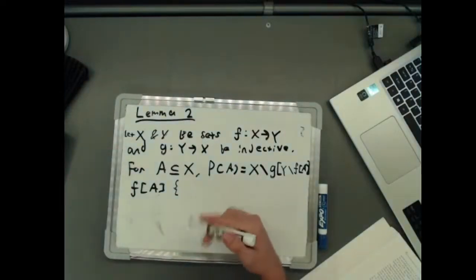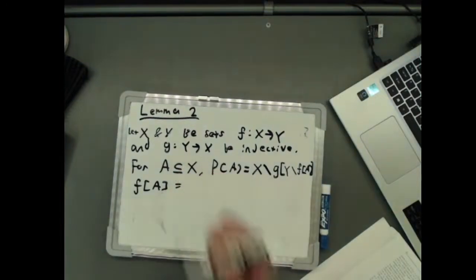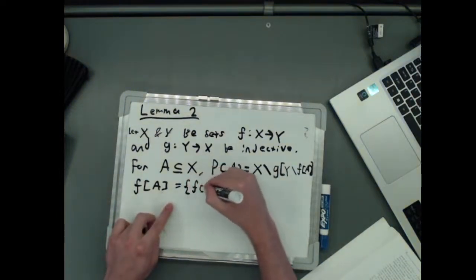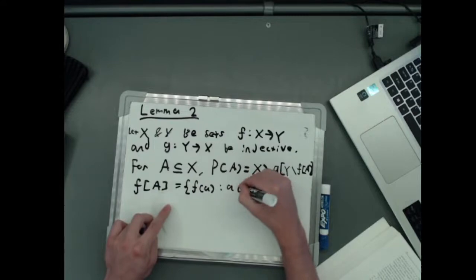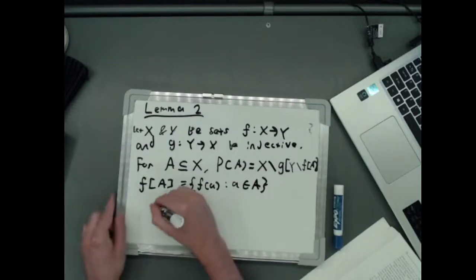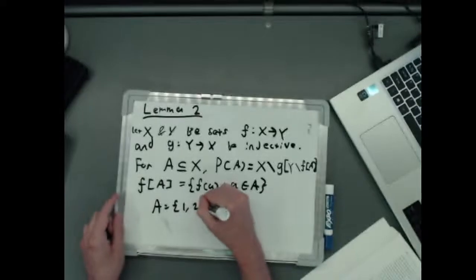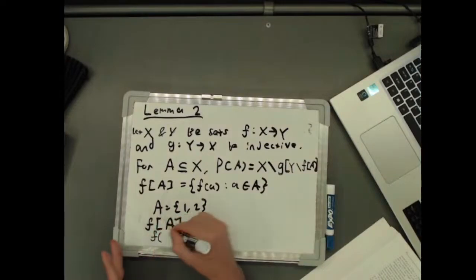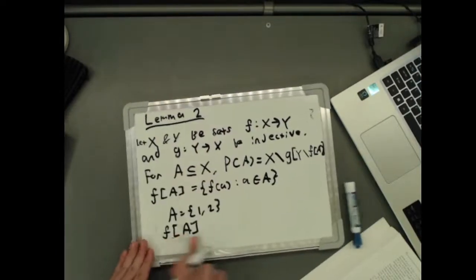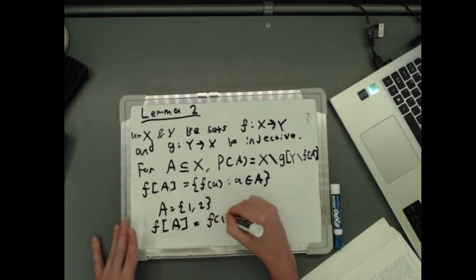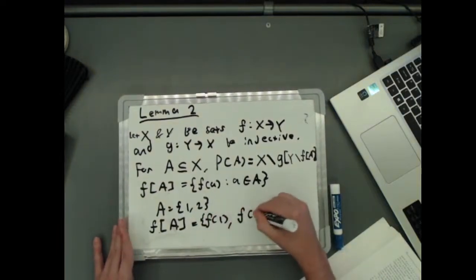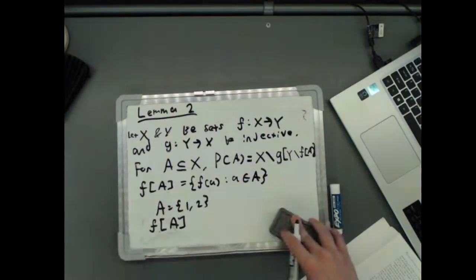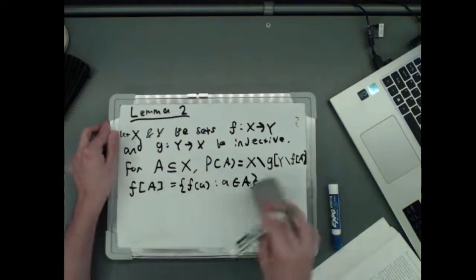F bracket of A is going to be the set of f of a for all a inside A. So, if A is equal to the set of 1 and 2, then f bracket of A is equal to the set of f of 1 and f of 2. Because everything is a set, everything can be represented as a set. Cool, funky stuff.